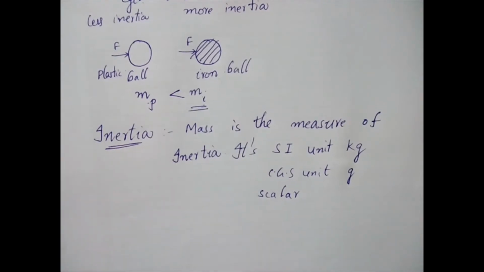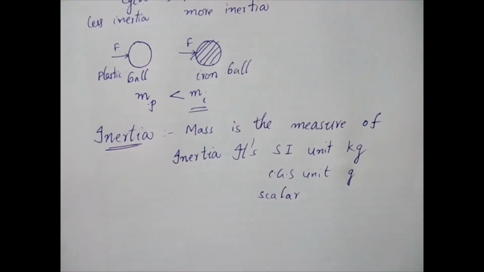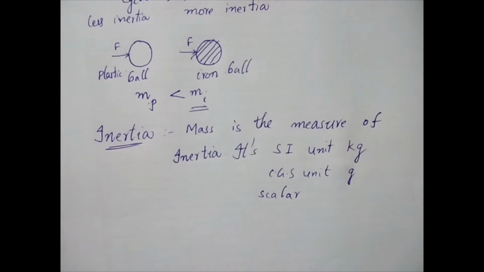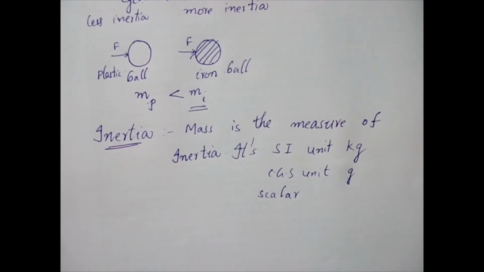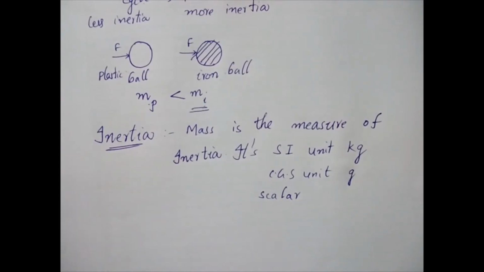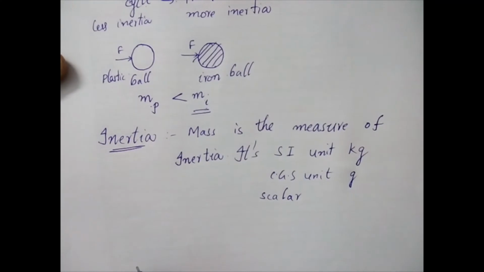Then it will be easy for you. Understood? So that particular physical quantity's name, its definition, its mathematical expression, its units, both SI and CGS units, and its nature, whether it is a scalar quantity or vector quantity, you have to learn at a time.